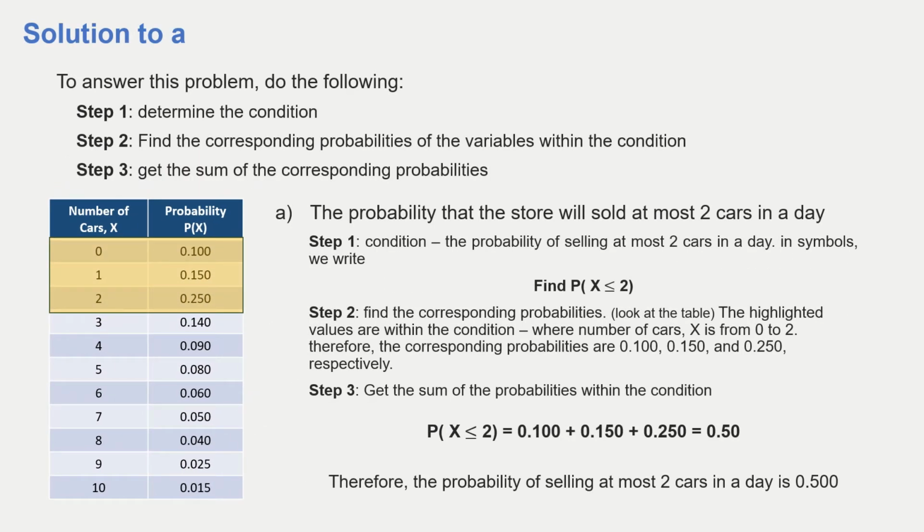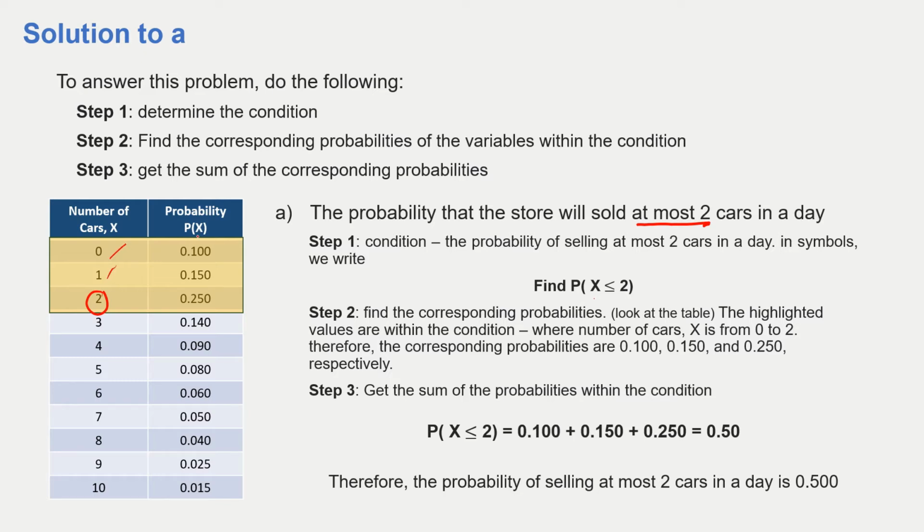Okay, let's now go to the solution for this problem, letter A and letter B. Again, we have 3 steps. First is to determine the condition, or the equality and inequality, of the random variable. Here in part A, it says find the probability that the store will sell at most 2 cars. So this is our condition: x is less than or equal to 2, because at most 2 cars in a day. The second step is to find the corresponding probabilities of the variables within the condition. So 2 is included, and then less than 2. What are the numbers less than 2? We have 1 and 0.